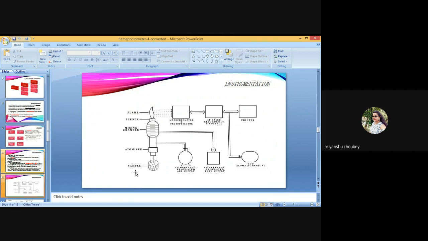The special features of some instruments are double monochromation, dual wavelength, and monochromation plus automatic recording. While selecting an instrument, one should consider the initial and maintenance cost, flexibility of operation, and adaptability to varying situations.